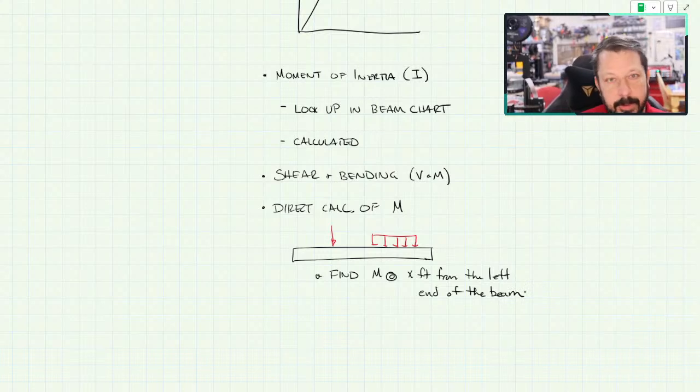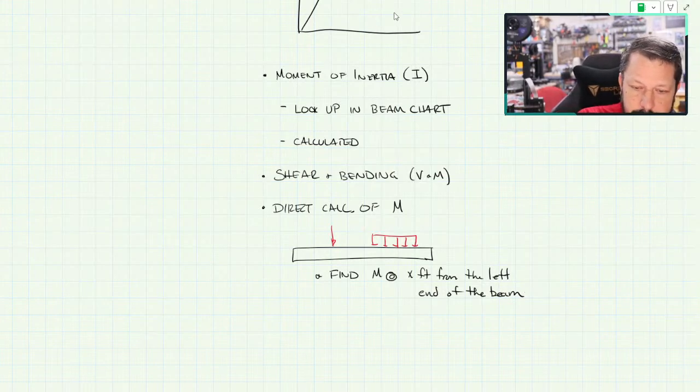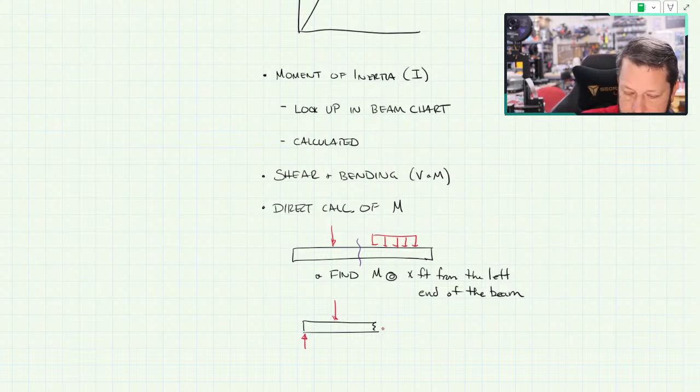So you would go over X feet, 6 feet, or whatever it says, chop the beam open at that point, and draw your free body diagram. Something like this. There'd be a reaction over here, I guess. And you would find that value for M.